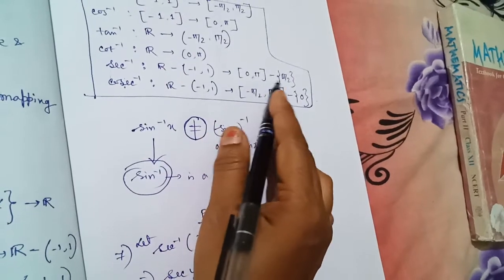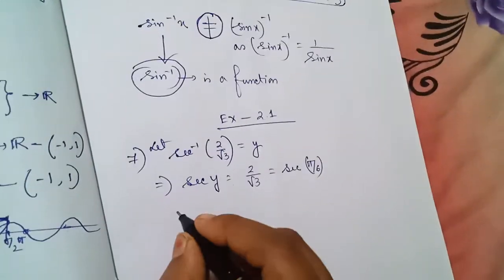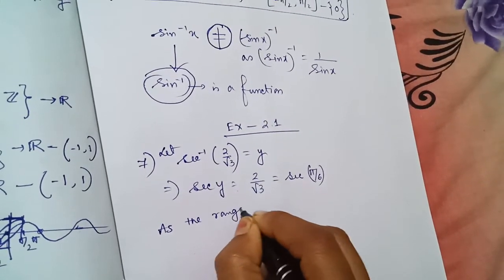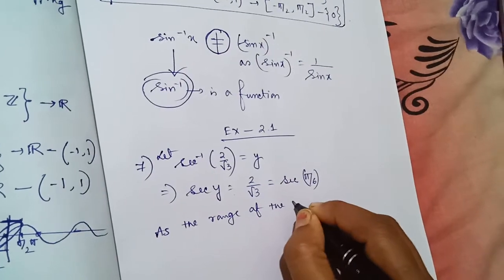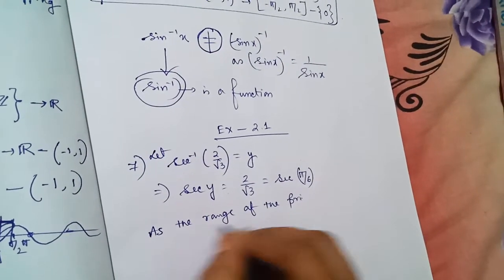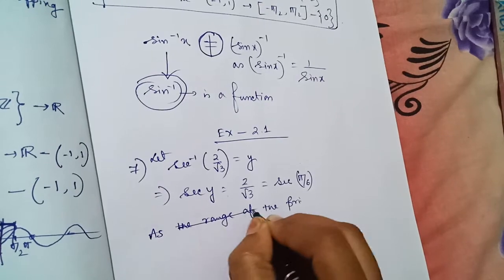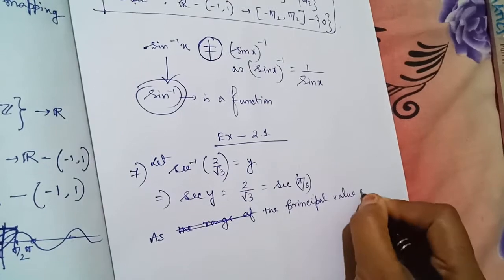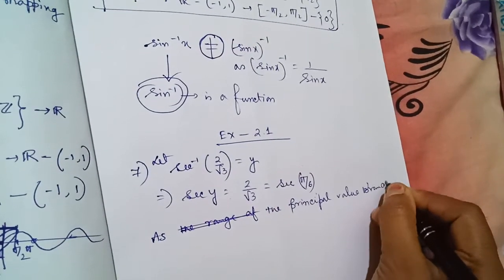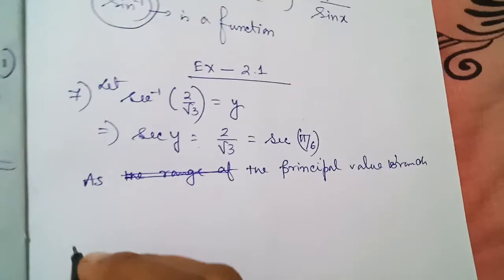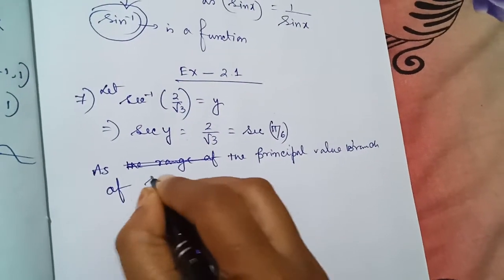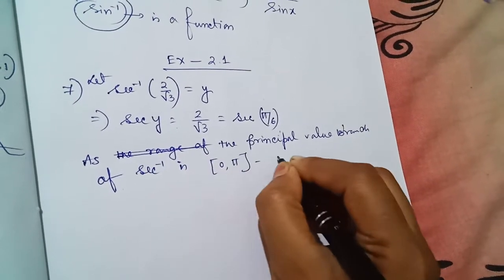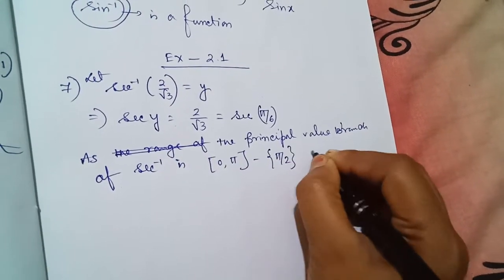It's 0 comma pi minus the singleton set pi by 2.